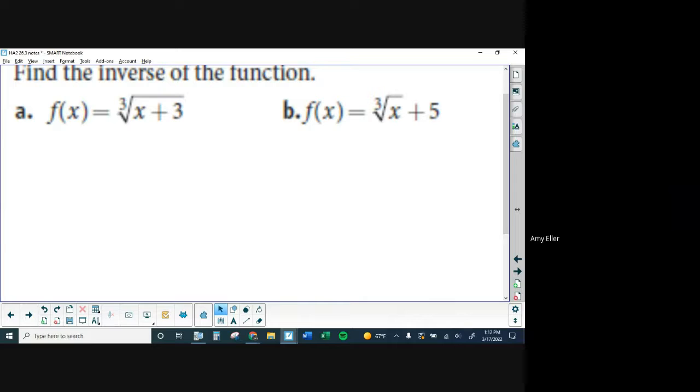Use a graphing calculator to investigate the graph of the function. Go ahead, read number 4, type that into your y equals in the normal negative 10 to 10 window.